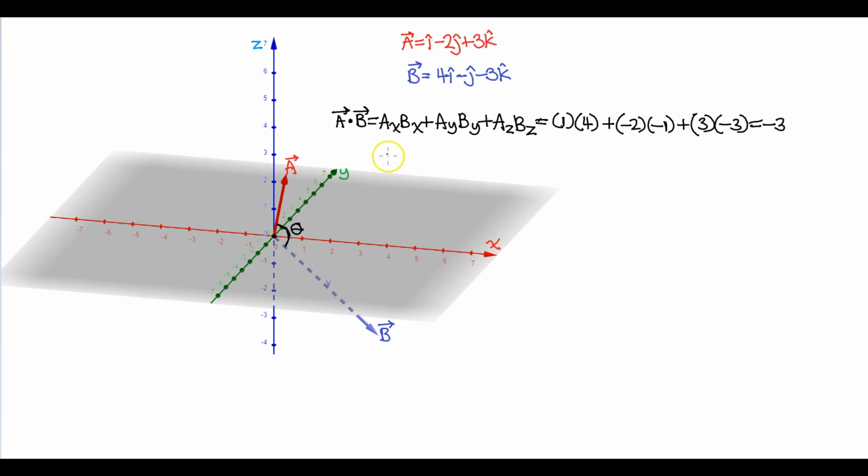Now the dot product can also be defined as the magnitude of A times the magnitude of B times the cosine of the angle between them. Let's find the magnitude of A. The magnitude of A is equal to the square root of the x component squared plus the y component squared plus the z component squared.